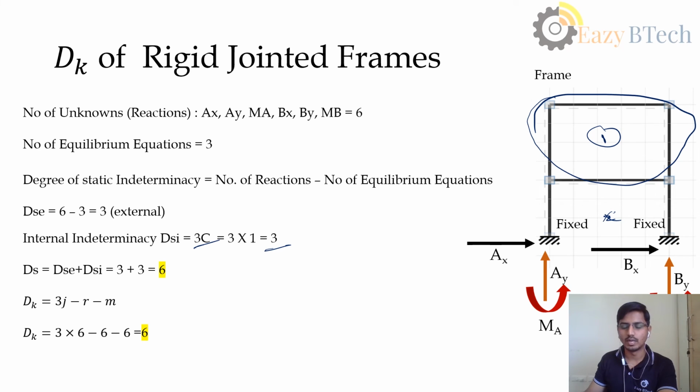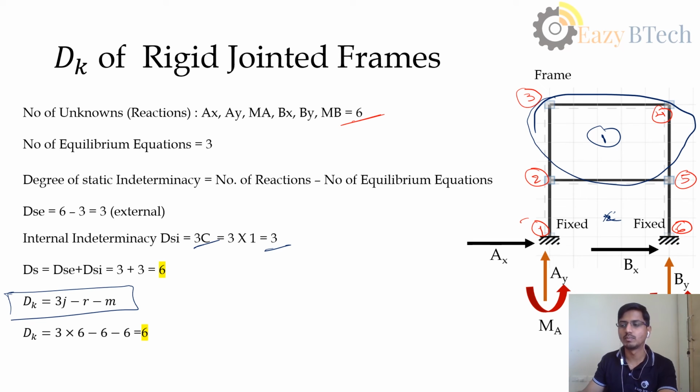The total static indeterminacy here is 6. Now let us find the degree of kinematic indeterminacy. The formula is the same. We'll substitute the number of joints. How many joints do we get here? 1, 2, 3, 4, 5, 6. Six joints are there. How many reactions? That is also 6, we know.